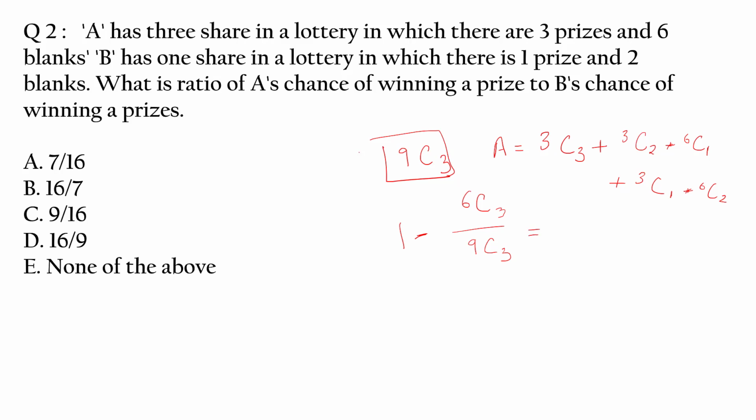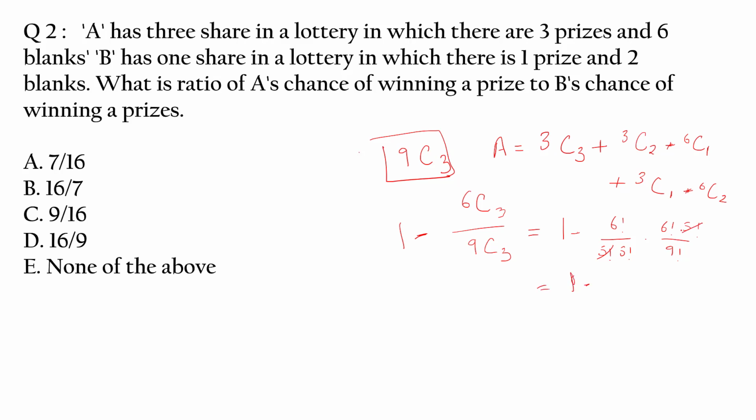So here, if we were to quickly do this, this is 1 minus 6 factorial by 3 factorial, 3 factorial into 9 factorial, 6 factorial into 3 factorial.